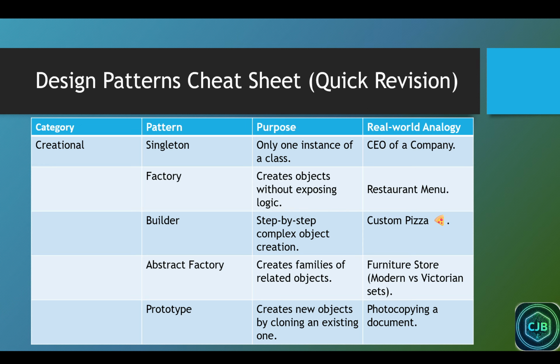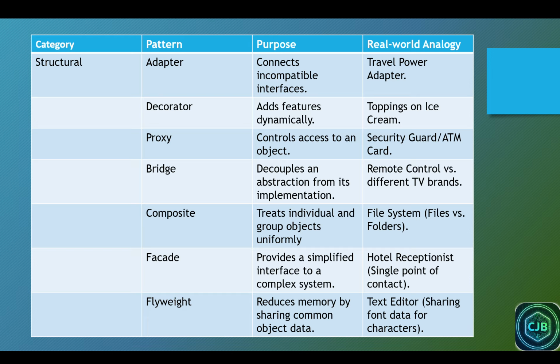Structural patterns. Adapter connects incompatible interfaces, like a travel power adapter. Decorator adds features dynamically, like toppings on ice cream. Proxy controls access to an object, like a security guard or ATM card. Bridge decouples an abstraction from its implementation, like a remote control versus different TV brands.